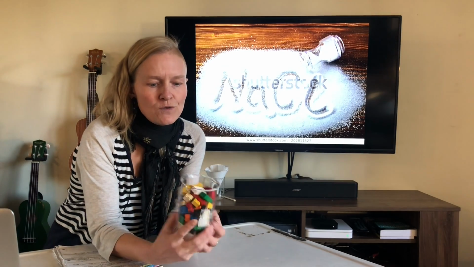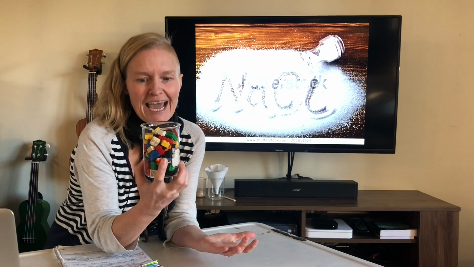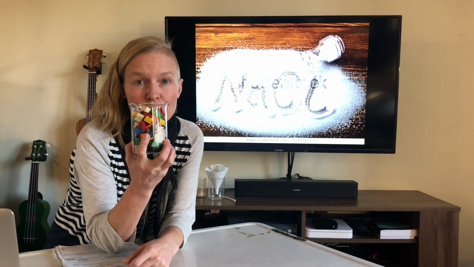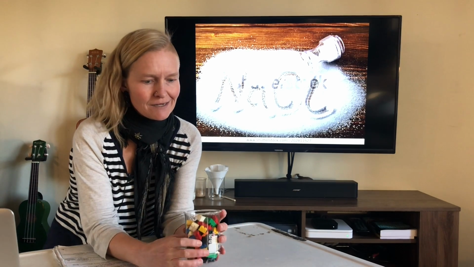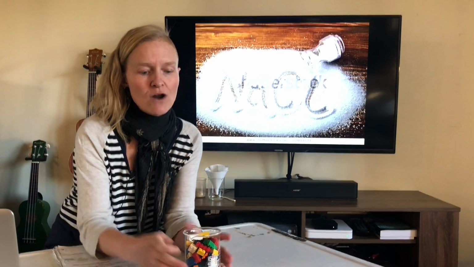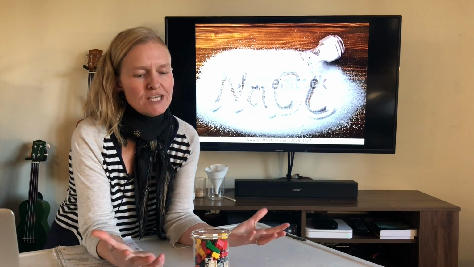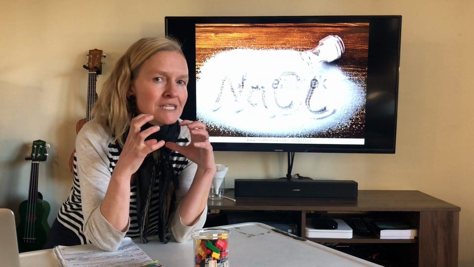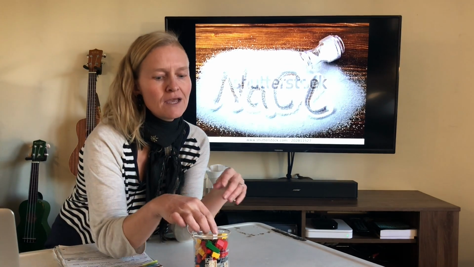I just threw a bunch of pieces in this beaker, and this is an example of a mixture. We have all kinds of different pieces in here. We have the bigger ones and the smaller ones and all different colors. And so a mixture is just a bunch of different substances that are thrown together physically and mixed together.